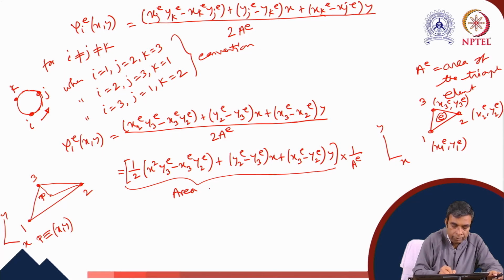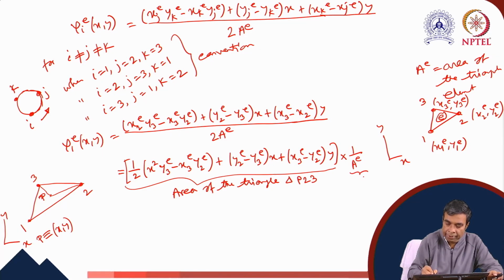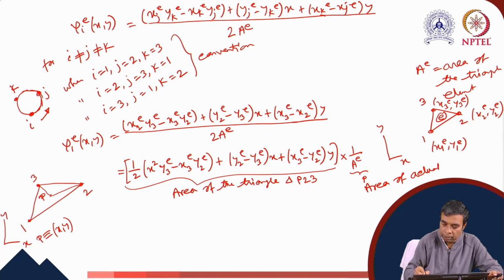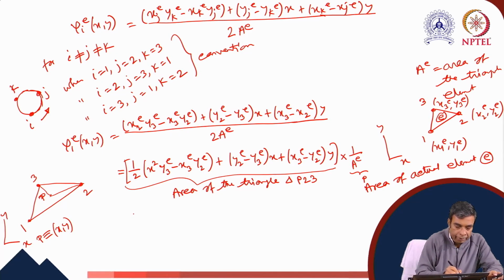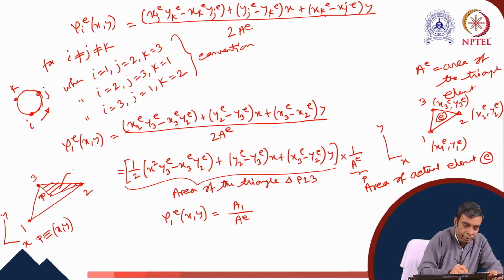So the area of the triangle P23, and AE, the area of the actual element E. This gives us this hatched region, and then we can say that psi 1e of x, y equals A1 by AE, where this area is denoted by the symbol A1.